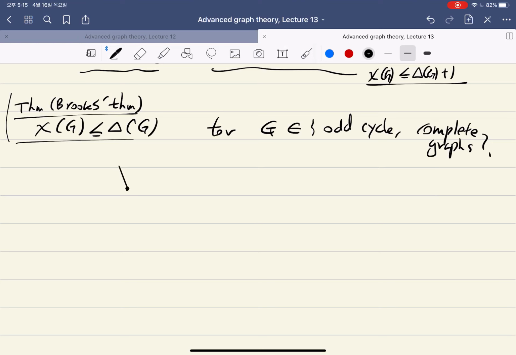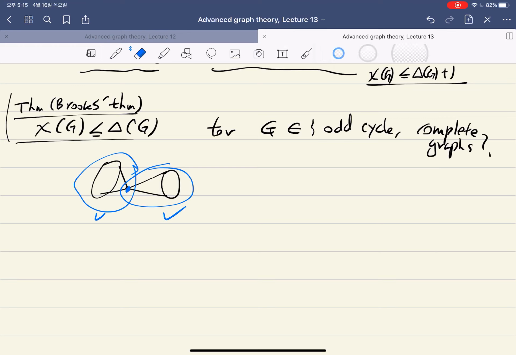If the graph is not two-connected, then you just prove it for this smaller graph and that smaller graph, and you color this graph first and that graph first and permute the coloring so that the colors coincide here, so you can finish the coloring.